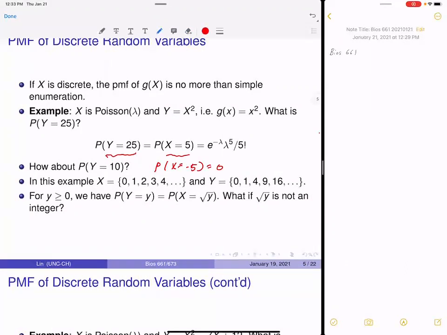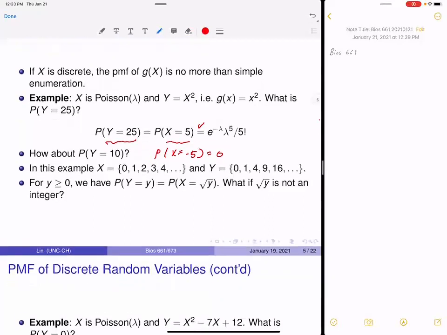Then you know the probability of X equals 5. You pull out your distribution charts and plug the x into the PMF of the Poisson.